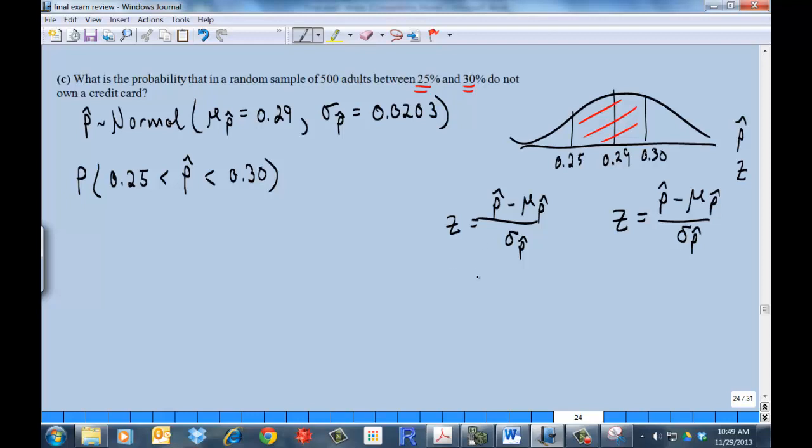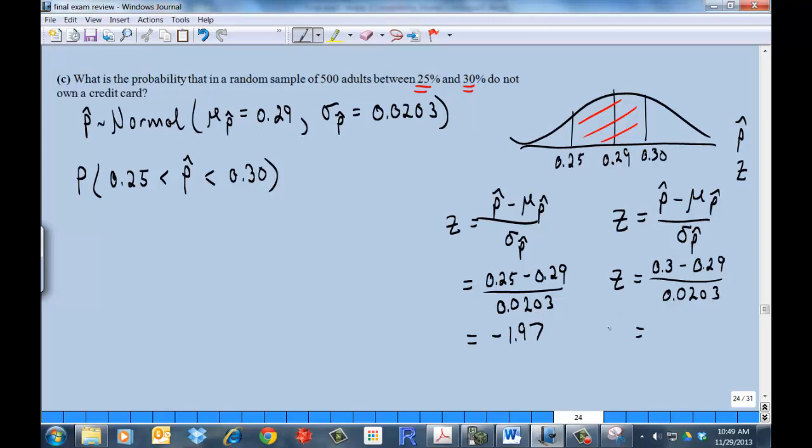So let's go ahead and get the first one here. 0.25 minus 0.29 over sigma p hat, 0.0203. So we get a z-score of minus 1.97. Let's convert this one over here. 0.0203.